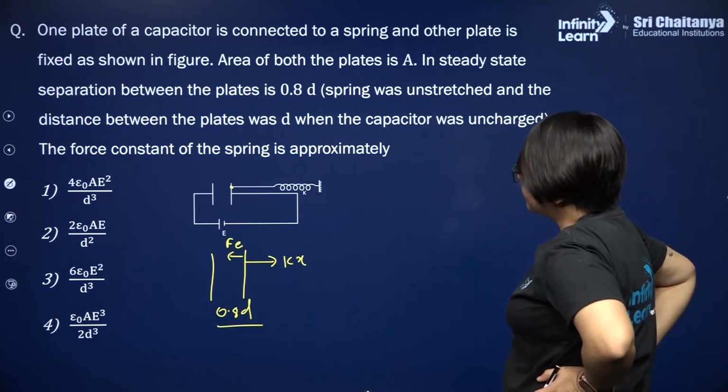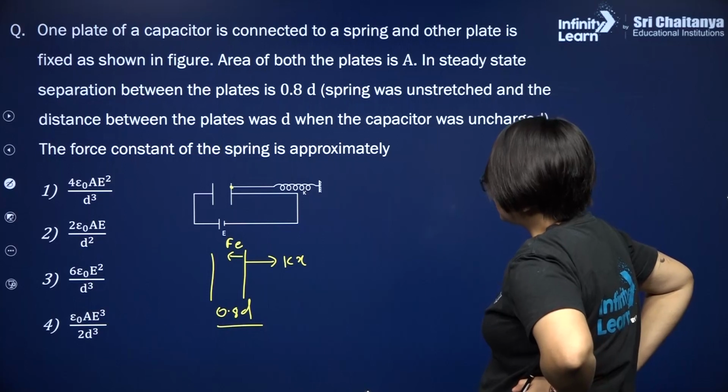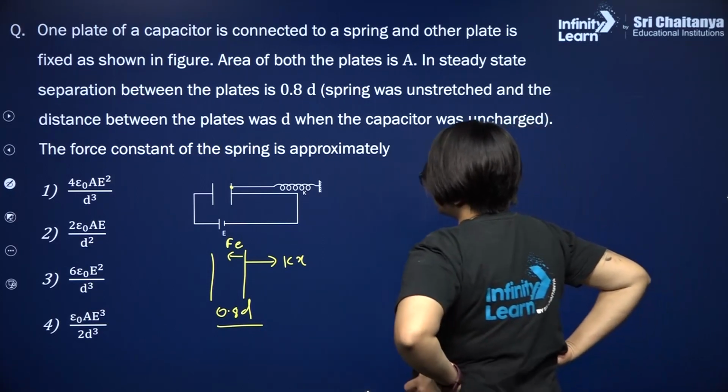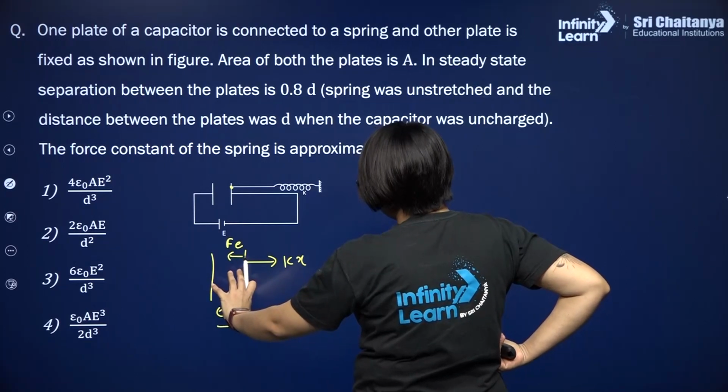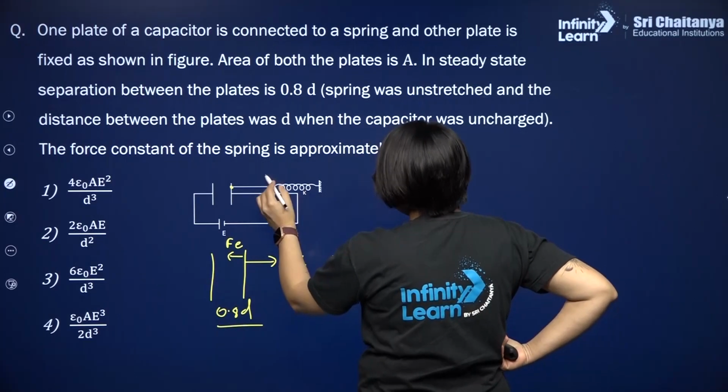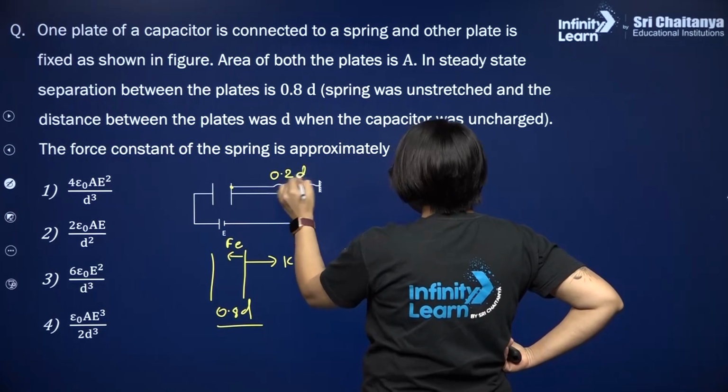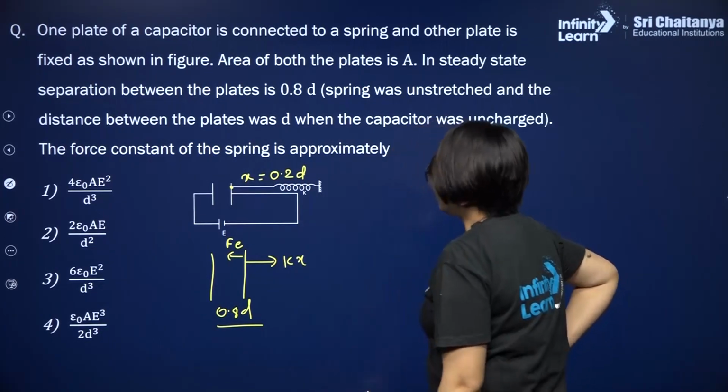So over here the extension in the spring will be what? Because of the decrease in the separation from d to 0.8d, there will be extension in the spring, that is 0.2d. So x is 0.2d.